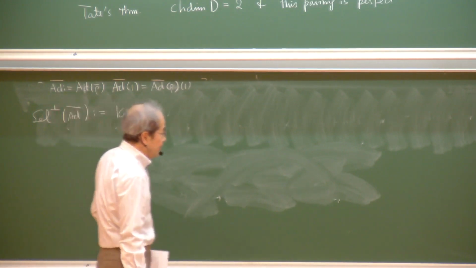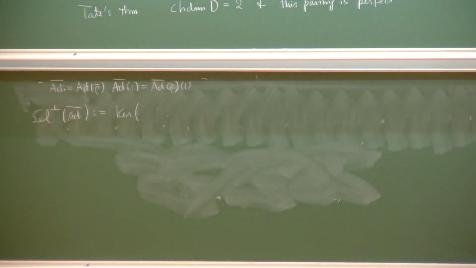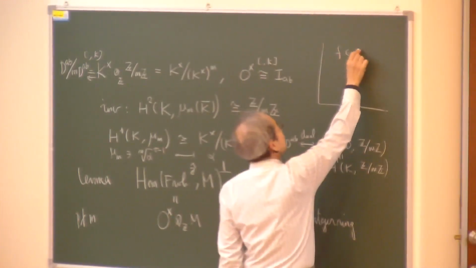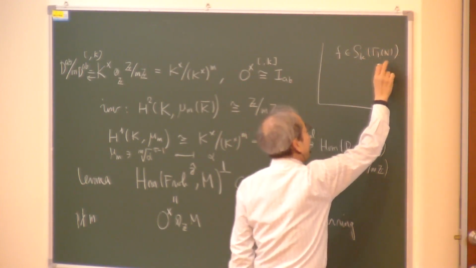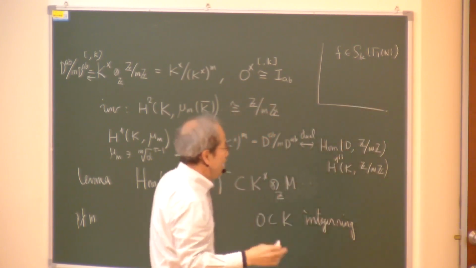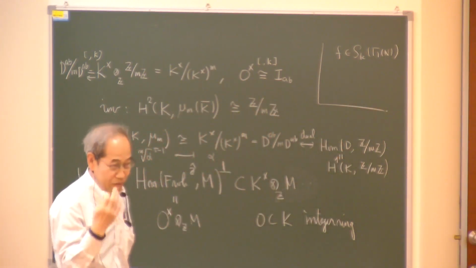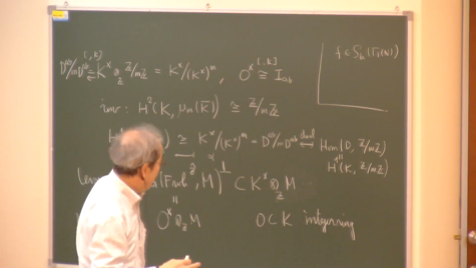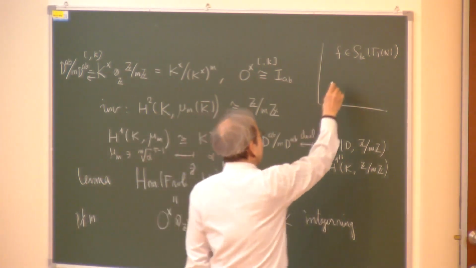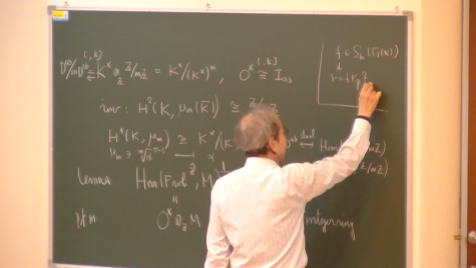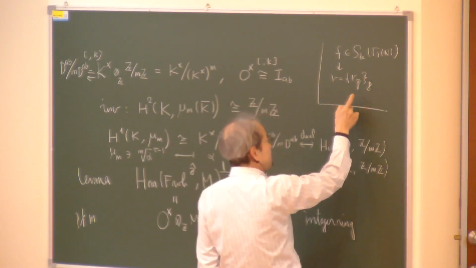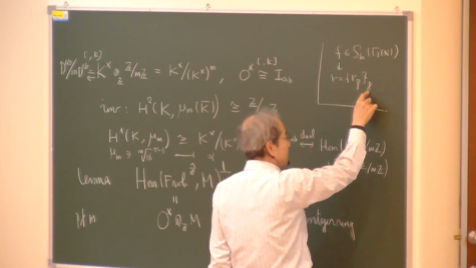Now, you remember that I started with F, a cusp form. Essentially this K is 1, and N is those primes ramifying in the Galois representation attached to F. The Galois representation rho is a compatible system indexed by l, and the ramified primes are those of N and p.